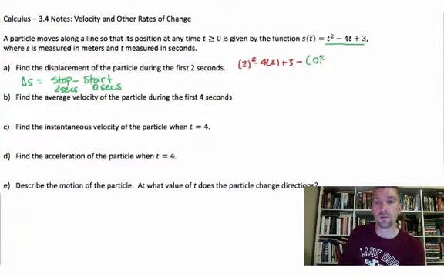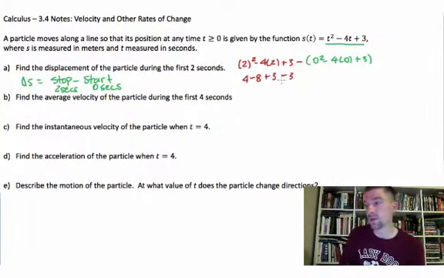Well, that's going to be 0 squared minus 4 times 0 plus 3. So basically what I'm going to end up here with is 4. Let's see, how about let's undo that and do it in red. So I'm going to have 4 minus 8 plus 3 minus 3.